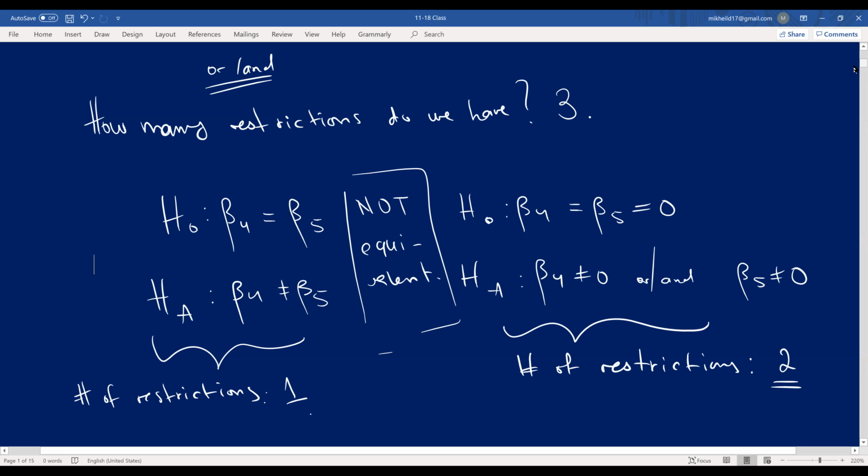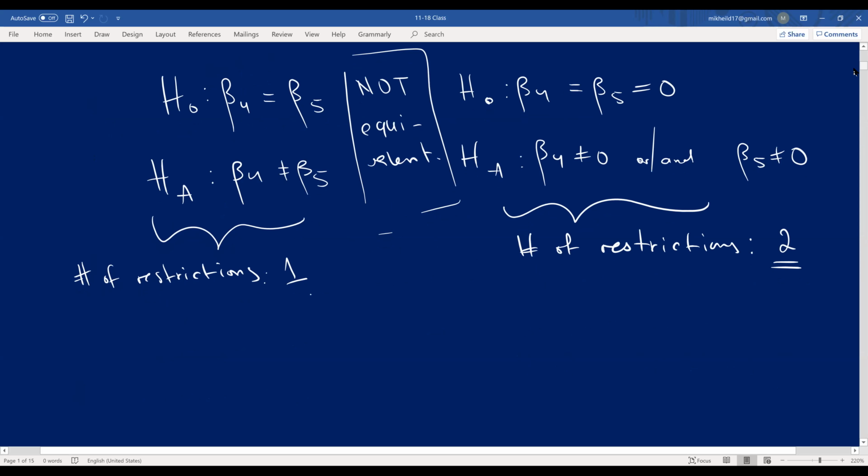So this is just one restriction that involves two parameters, right?